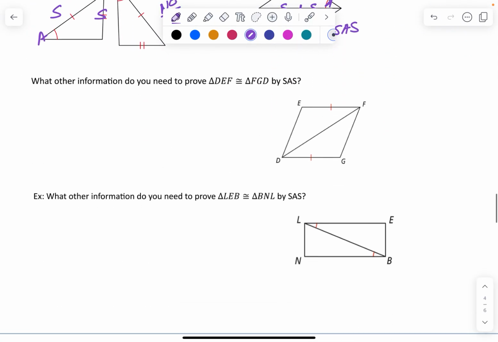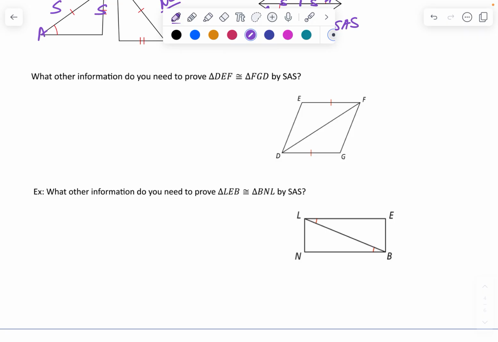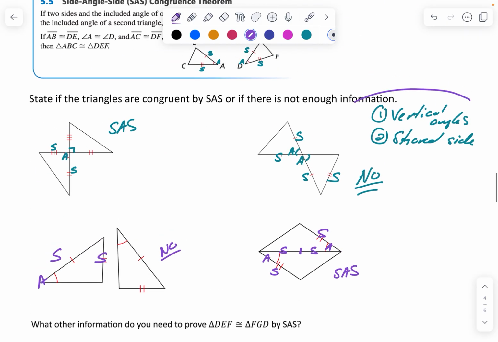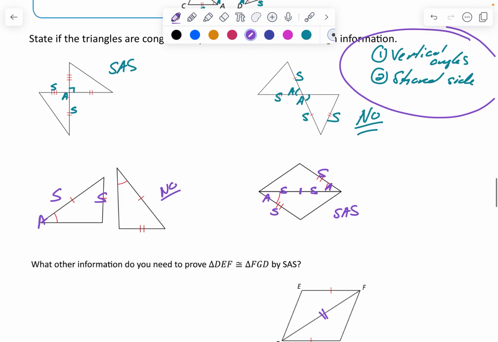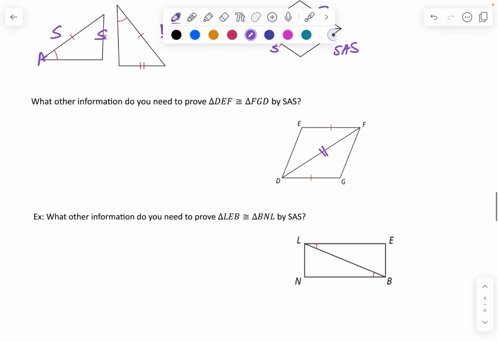All right, now in these problems, it says, what other information do you need to prove that these 2 are congruent by side, angle, side? So this one isn't necessarily what do we need, because that's there. That's there. These 2 things that we marked there, that we talked about earlier, those are there.